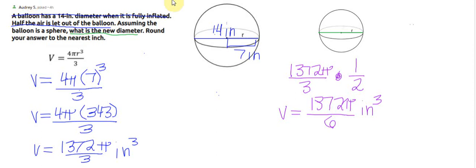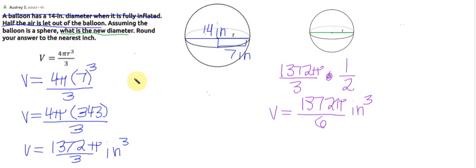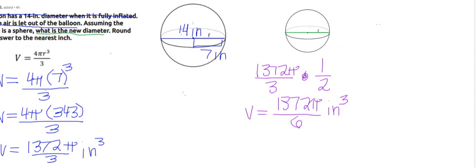Again, we multiplied by half because half of the air is now gone. And then at this point, you may be asking, what do I do now? I'm still looking for the diameter. Well, recall your formula over here. Look at the variables. We have V, we have r. What do we know about that smaller balloon? Well, I know its volume, so we can resort to our formula again.